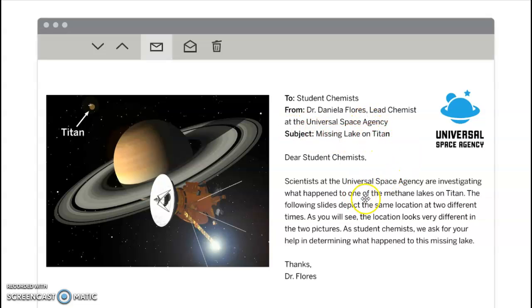So, dear student chemists, scientists at the Universal Space Agency are investigating what happened to one of the methane lakes on Titan. The following slides depict the same location at two different times. As you will see, the location looks very different in the two pictures. As student chemists, we ask for you to help determine what is happening to the missing lake. So this agency is asking us to help them figure this out.